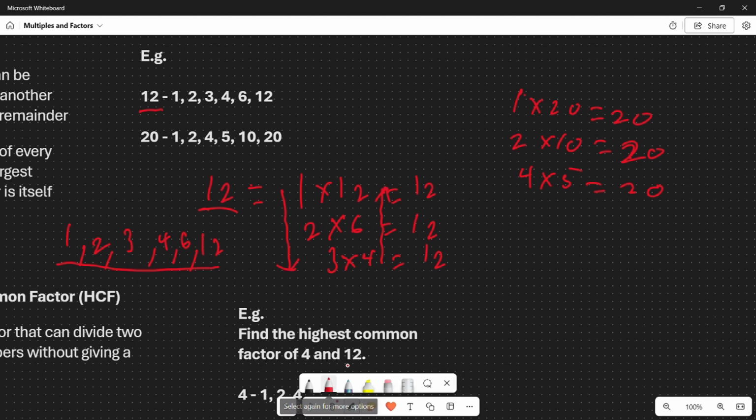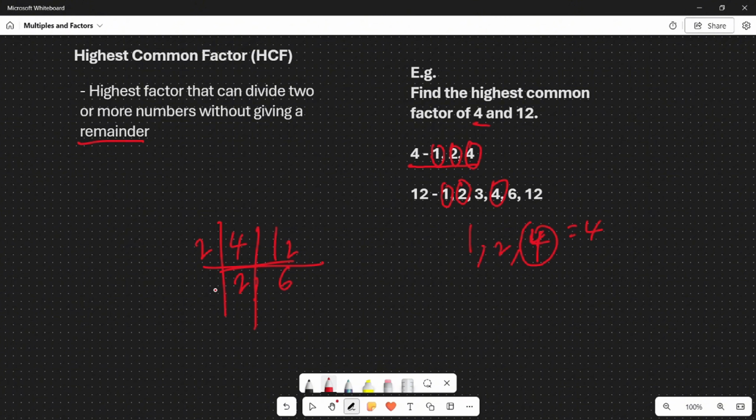So in this case, 4 and 12 have a factor of 2, so you can divide them by 2. That will then give you 4 divided by 2, 2, 12 divided by 2, 6. Now you see that 2 can also divide both of them. That will then give us 2 divided by 2, 1, and 6 divided by 2, 3.